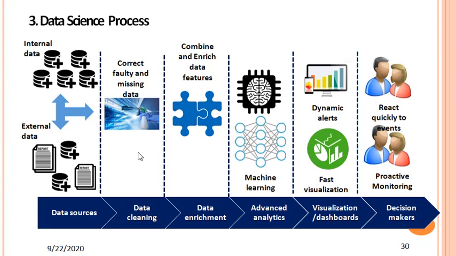Once we have the data in a very good form, the next thing we can do is apply some machine learning models or advanced algorithms in order to generate some advanced analytics. The advanced analytics is the phase in which we perform machine learning models and deep learning algorithms on the data which was initially cleaned and enriched.